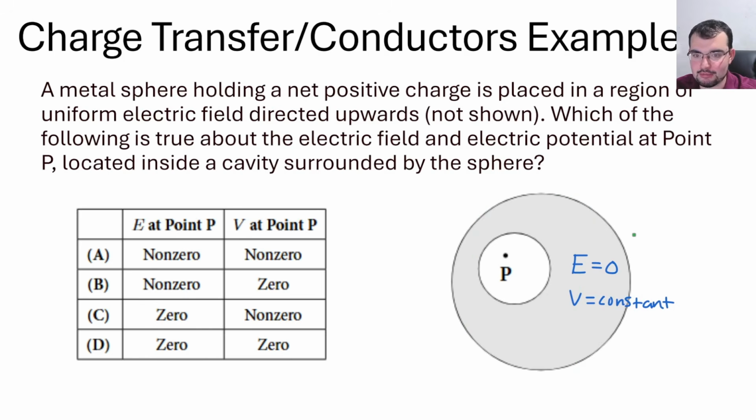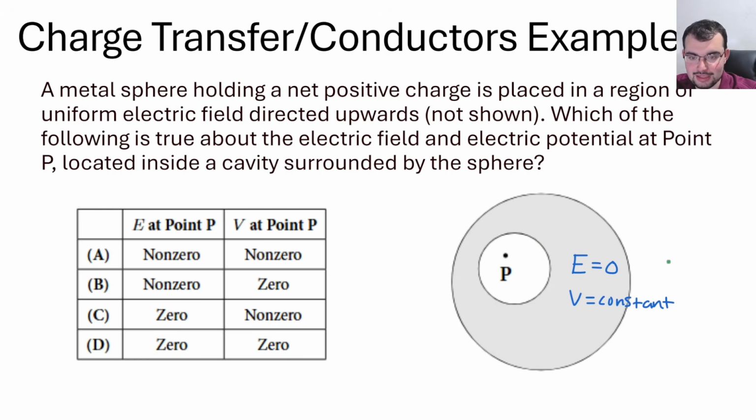Well, it doesn't matter that there's an external field because of what we called shielding. We know that in any conductor, E is 0 and V is constant. Now, in the cavity, I could change those things if there was somebody in the cavity with me. Like if there's a positive charge here, that obviously is going to generate an E field, but there's not.